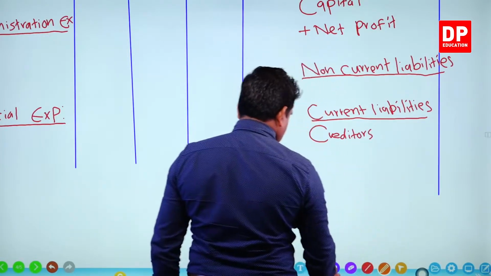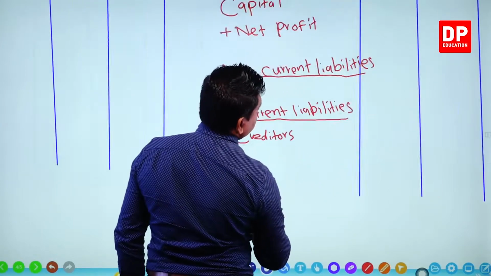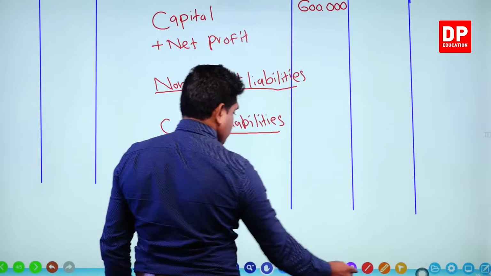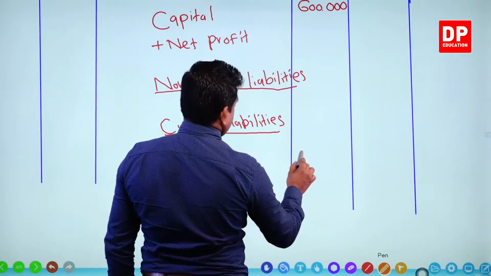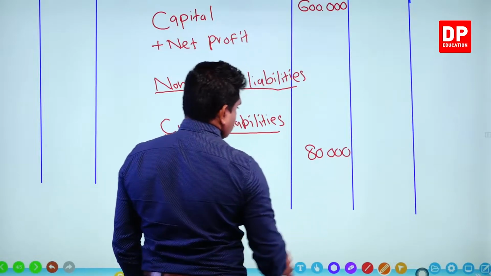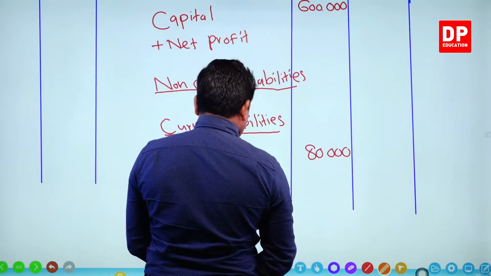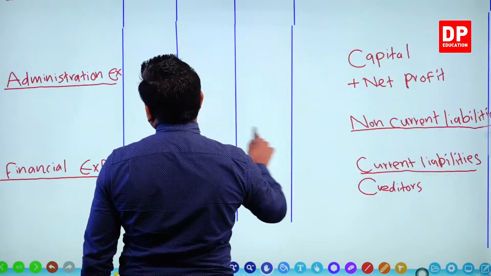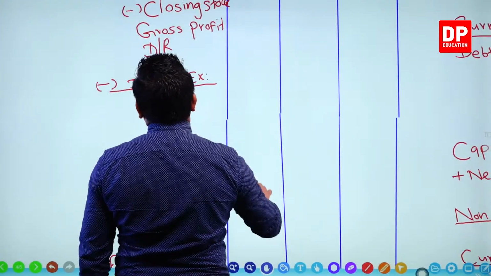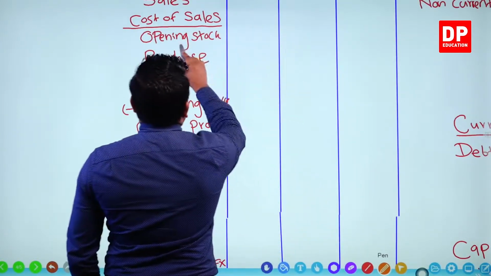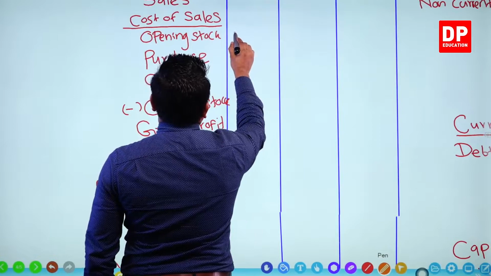Creditors 80,000. Opening stock 16,000. It goes under the cost of sales.